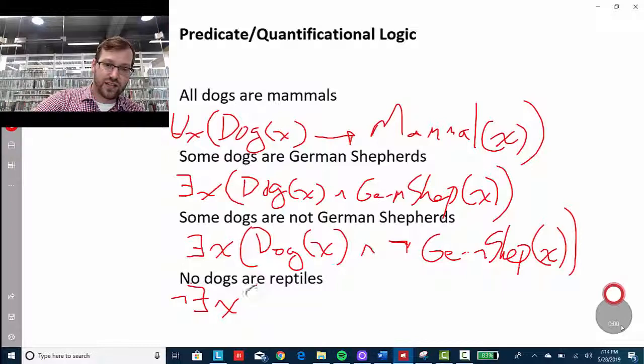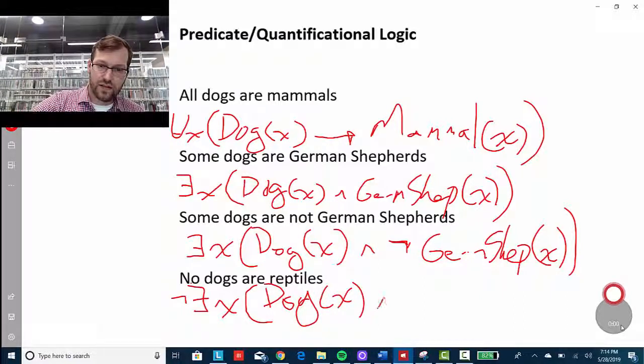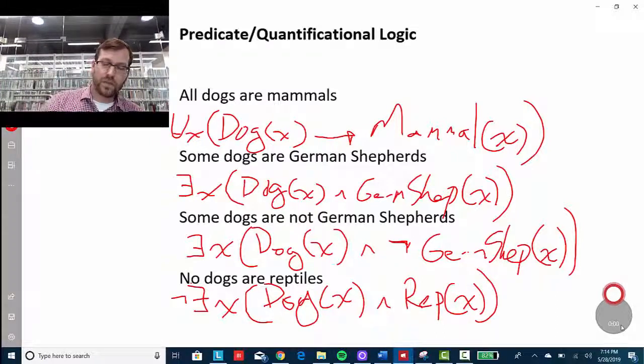It's not the case that there exists an x such that x is a dog and x is a reptile. So if it's not the case that there exists something that has both of those properties, then there's no dogs that are reptiles. In fact, there's also no reptiles that are dogs.